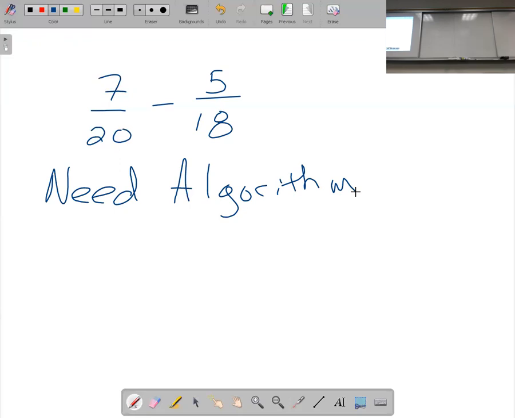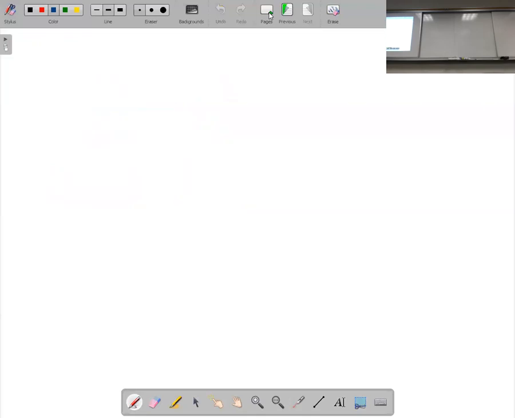The toys get too hard to deal with. There's too many pieces. They're hard to count. We need an algorithm. So the first algorithm that comes from the drawings that we did with the cakes, so we'll come back to this, is the idea of cutting each like the other.